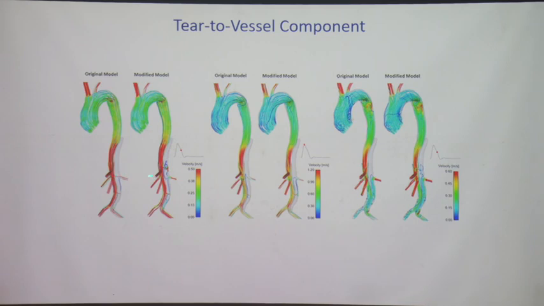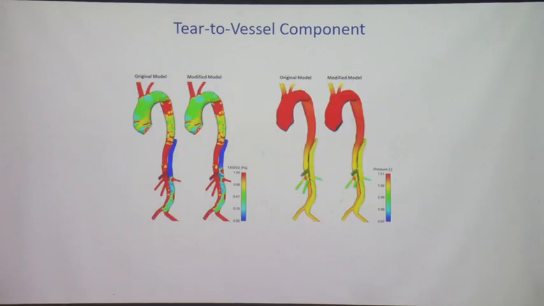So there's no recirculation. But here there is a region of flow. And then I think she also compared, so this corresponds to different time points of the cycle of interest. Yeah, so this is just to look at from the fluid mechanics point of view how the flow pattern evolved.